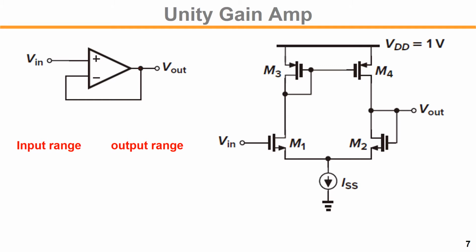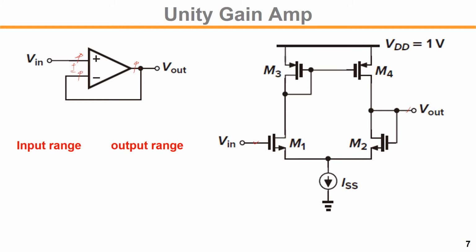Since this is negative feedback, if the input goes up, then the amplifier output goes up, it follows the input. So the difference between the positive terminal and the negative terminal is always zero, right? For this analysis, you can assume that the input and output will always be the same whenever you change the input voltage.